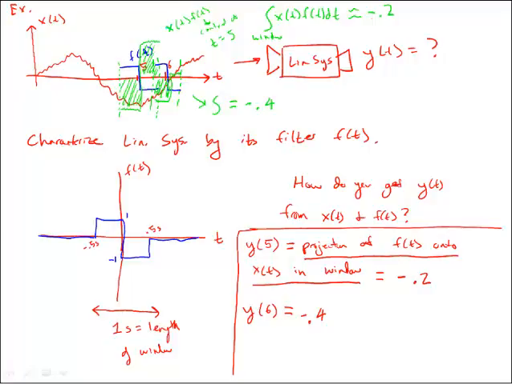That's y of t. And then you slide it along just a little bit, do the same thing, except now the window is shifted, and write down your answer again. And that's your next y of t. And you can go through this and do the whole thing to get an entire signal y of t.